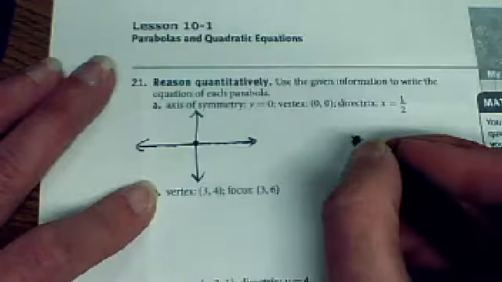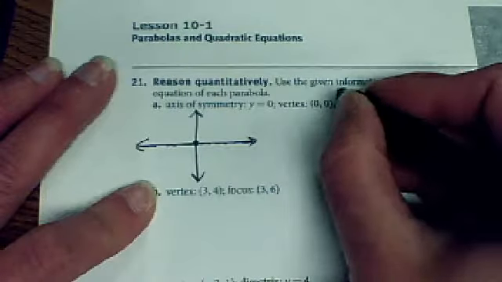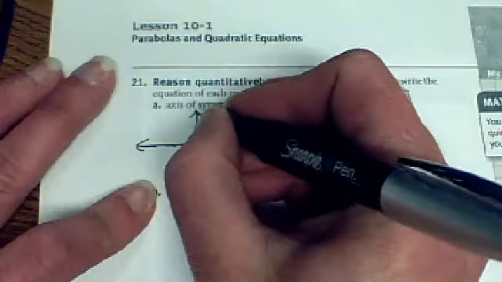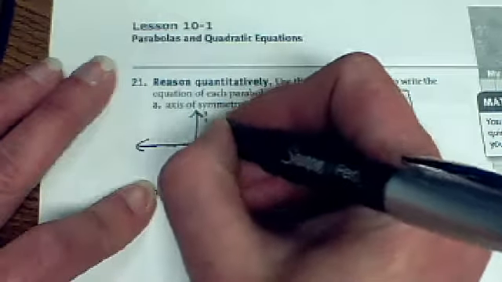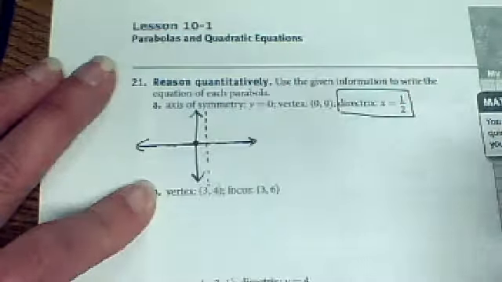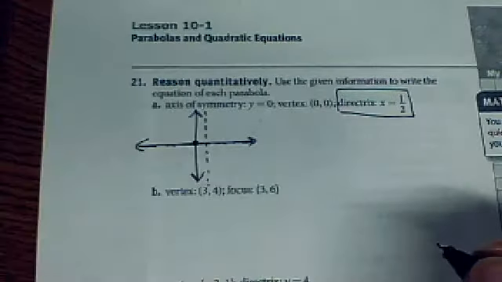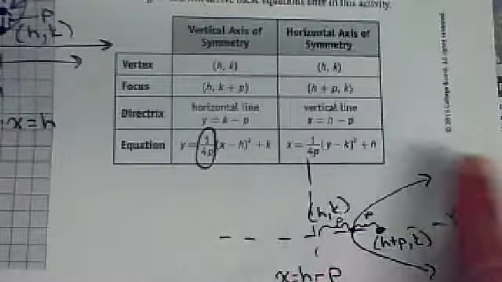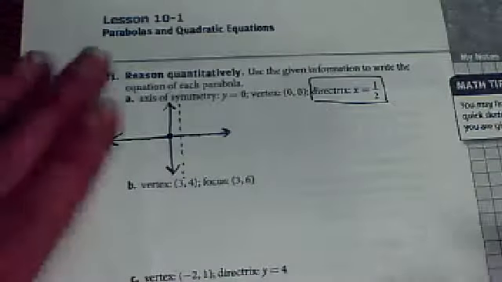The directrix is x equals 1/2. So 1/2, that's positive. That's going to be right here. Now remember, our graph, look at it, it's always running away from the directrix. It's centering around the focus.